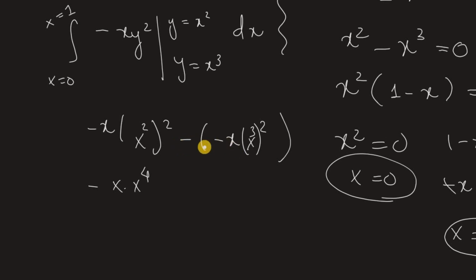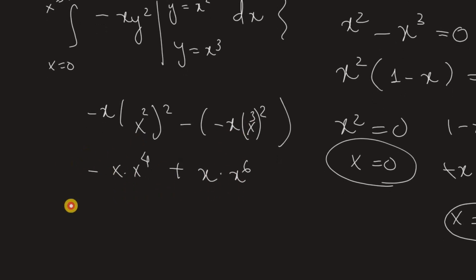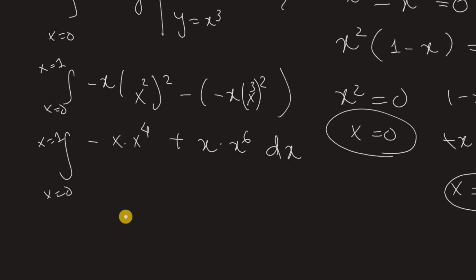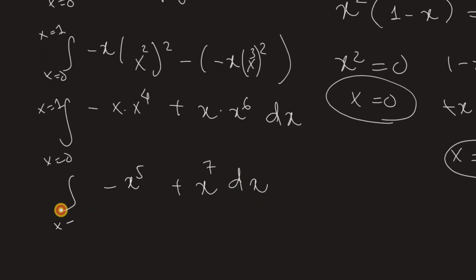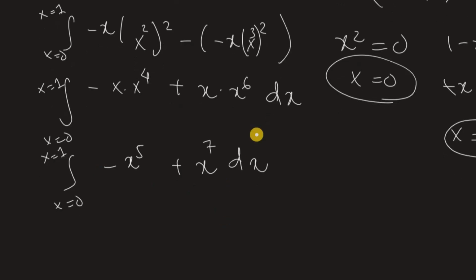And if you multiply this, that's going to be positive x to the power of 6 times x. So this is what you get after doing this. Now you're going to multiply these x's together, so negative x to the power of 5 plus x to the power of 7 dx from 0 to 1.